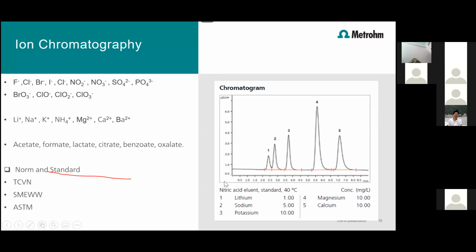Besides the cations and anions in the sample, you can see some of the organic acids that can be found in fruit juice, for example acetate, phosphate, lactate, citrate, benzoate, oxalate. These methods follow the norms and standards as well.